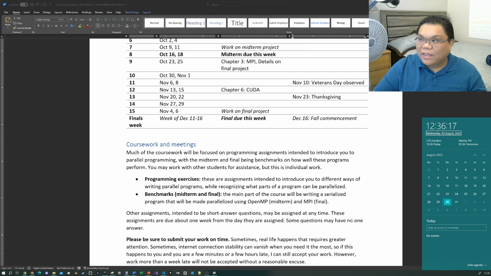That's the hope. In practice, we're gonna practice seeing what happens when you try that. So the benchmarks are your midterm and final.